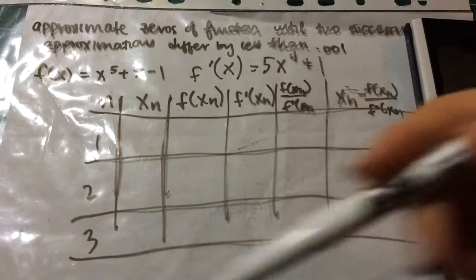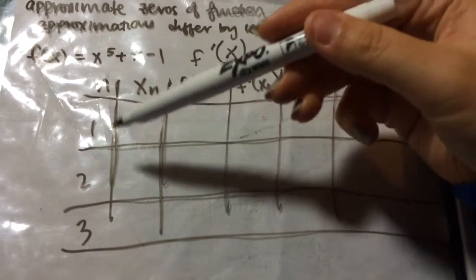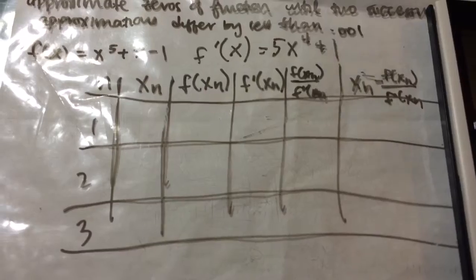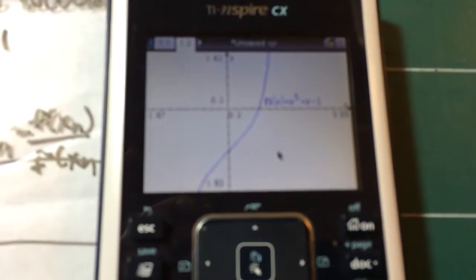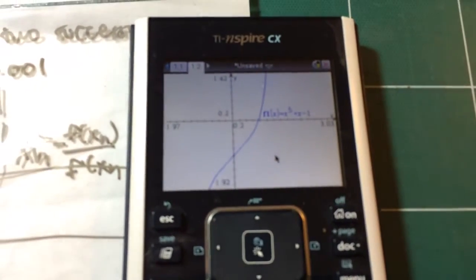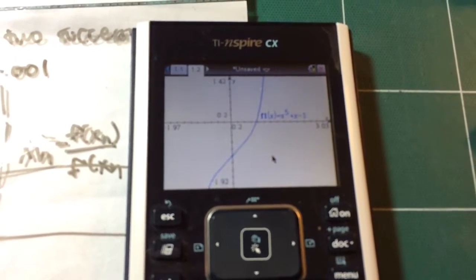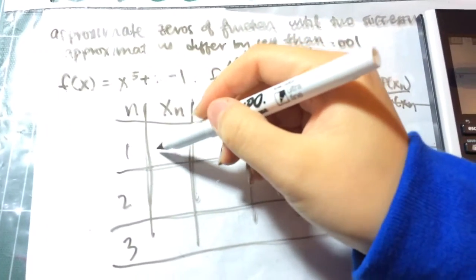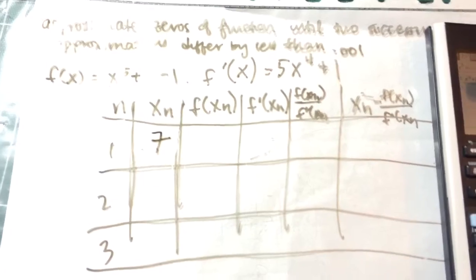Okay, now that we have our chart set up, we're going to find the starting value by graphing the function into a calculator. Now I've already done that, and based on the graph that has been made by the calculator, I'm just going to estimate a starting value of about 0.7. I'm going to put that here, 0.7, as my xn value.